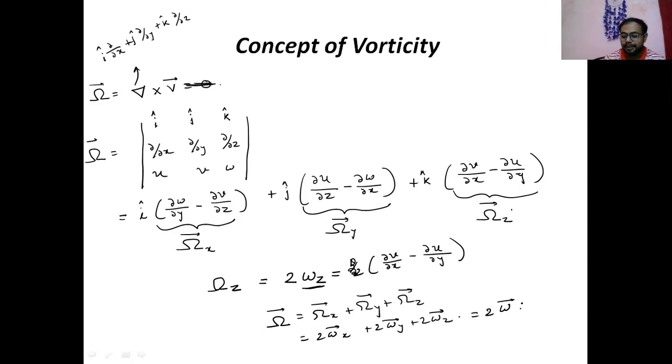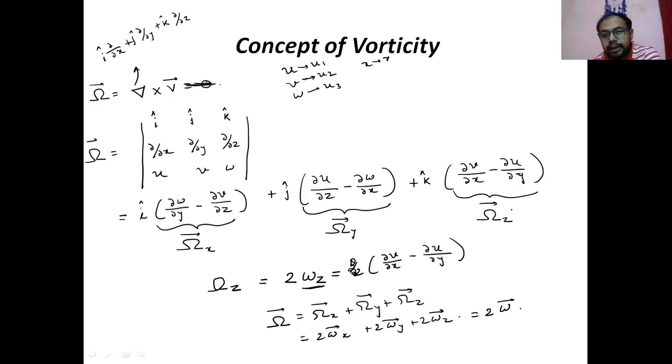If you write it in the indices form, the most important thing is you say u is equal to u1, v is equal to u2, and w is equal to u3.